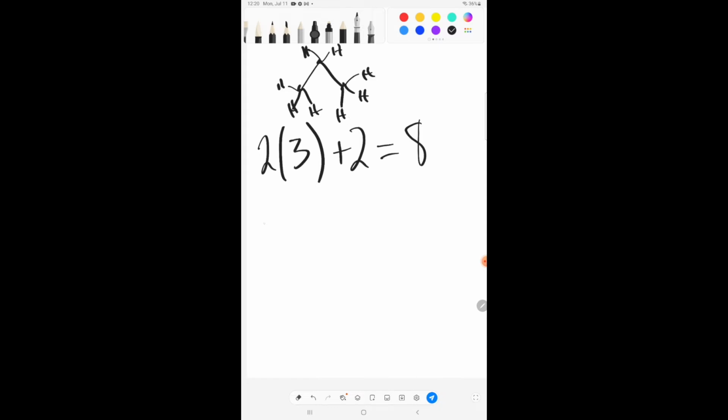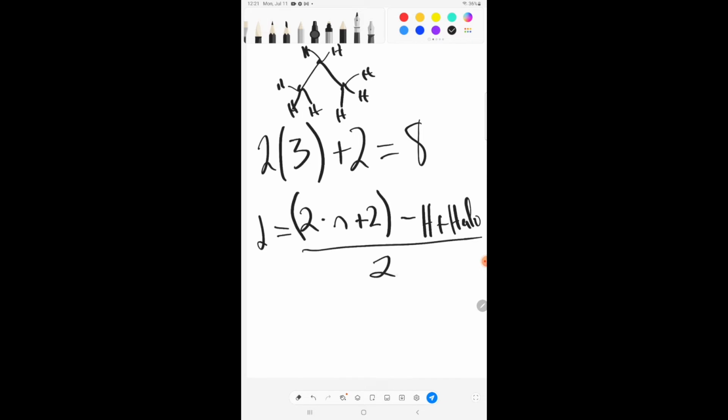And so for degrees of unsaturation, it is denoted by lowercase d. What this equals is 2 times n, which is the number of carbons, plus 2, put this in parentheses, minus the number of hydrogens plus halogens, divided by 2.